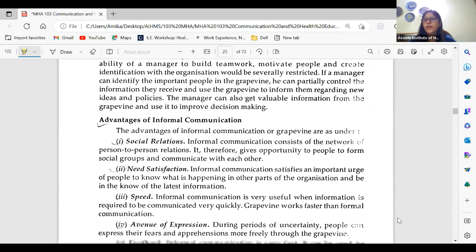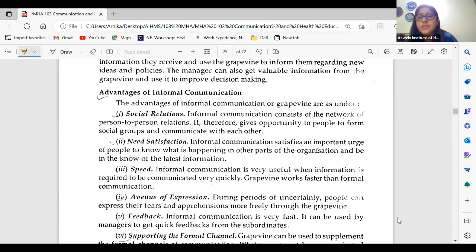Sometimes, why grapevine is important: in offices, the management sometimes encourages grapevines because when they want to transfer information purposefully, it is used in a few organizations. For example, people want to say that those who don't stick to the time schedule will have their salaries deducted. This information might be transmitted to all employees through HR.